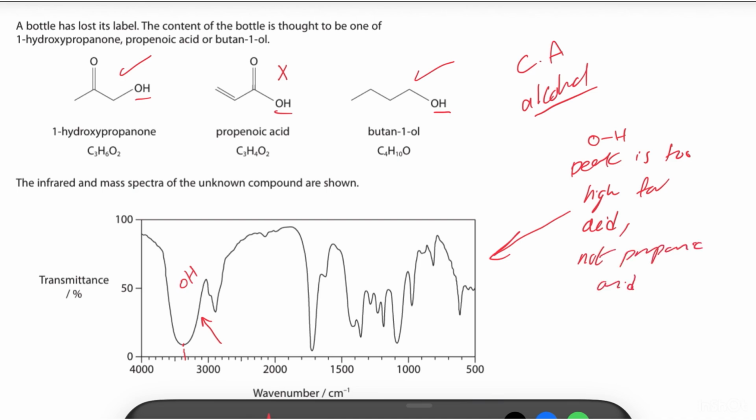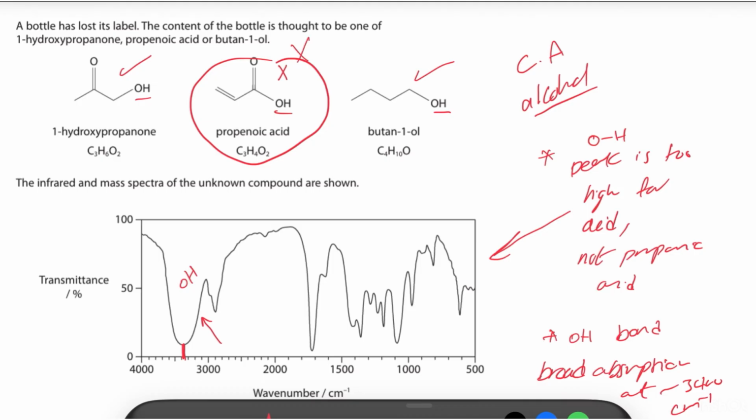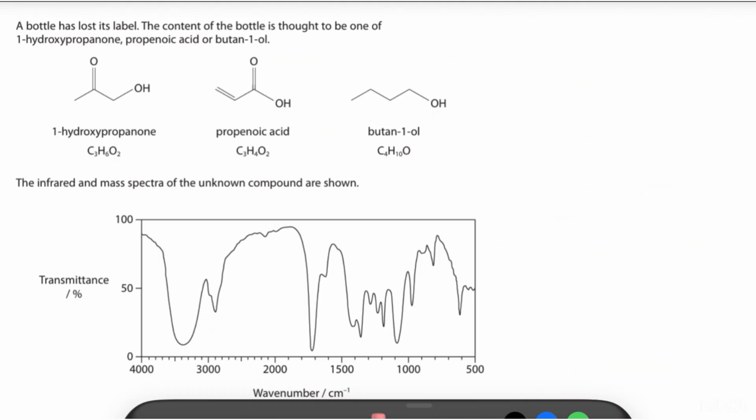And we have to mention how we know the OH appears: you have to mention the OH bond, broad band or absorption. It appears at around 3,400 centimeter inverse. So we exclude the first compound, which is propanoic acid. It's not propanoic acid at all.